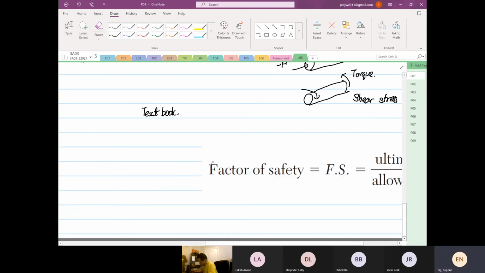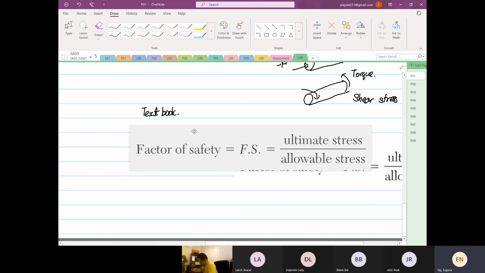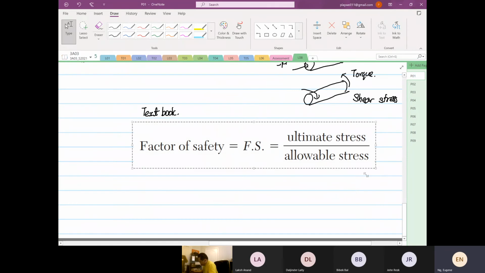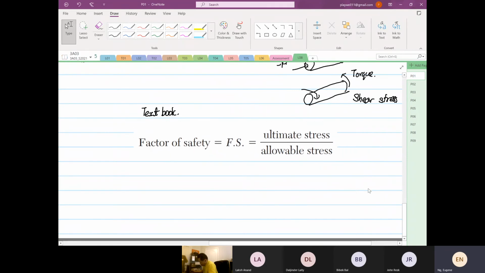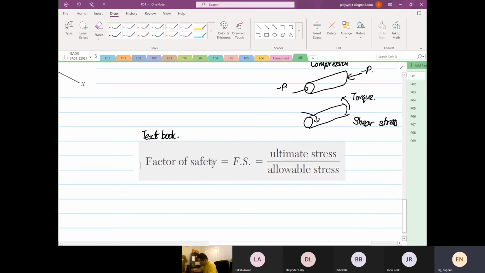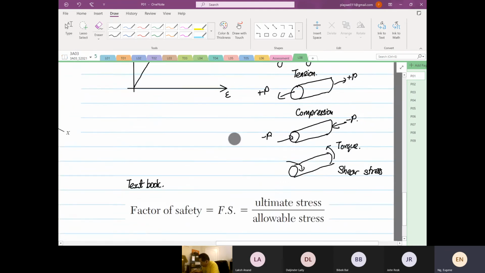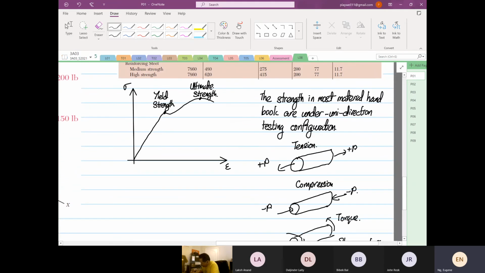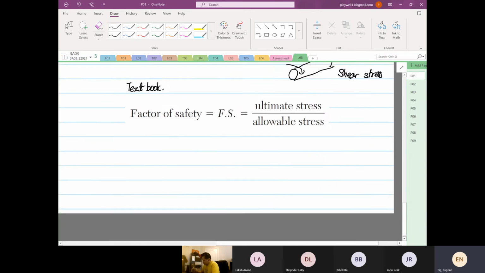We can see that the factor of safety is equal to the ultimate strength divided by the allowable stress. Any opinion? This is the ultimate strength. Any comment on this formula?